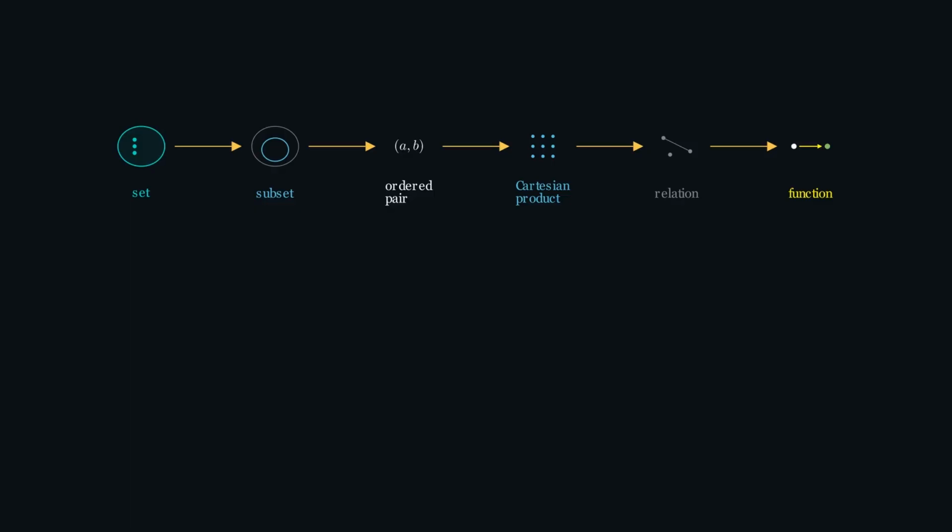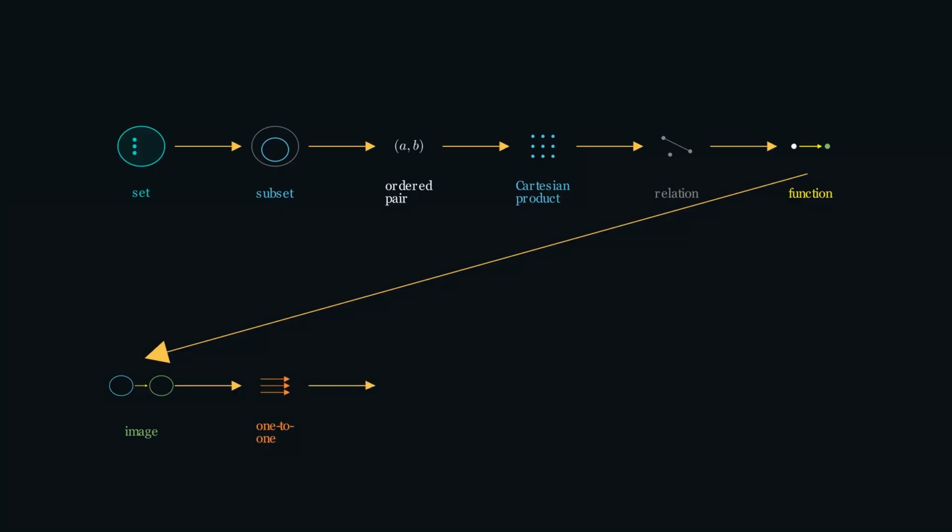We studied what functions can do. We defined the image of a set under a function, where the arrows land. We defined mappings, onto mappings, and transformations. We defined restriction and extension, shrinking or growing a function's reach. Then we asked a deeper question. When does a function preserve distinctness?